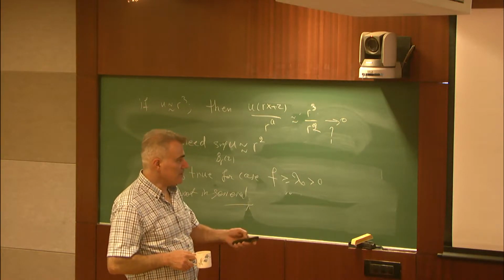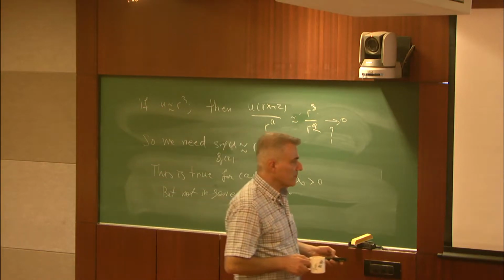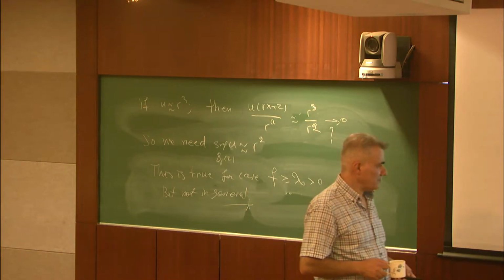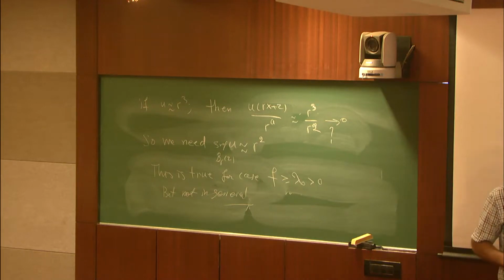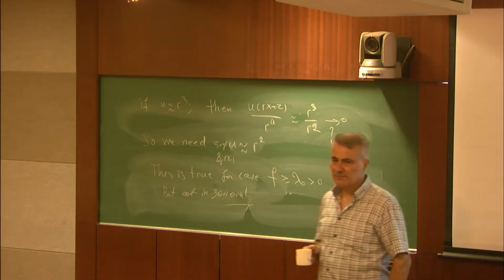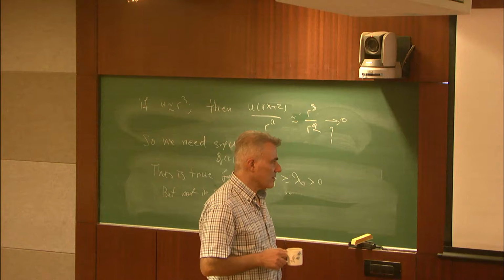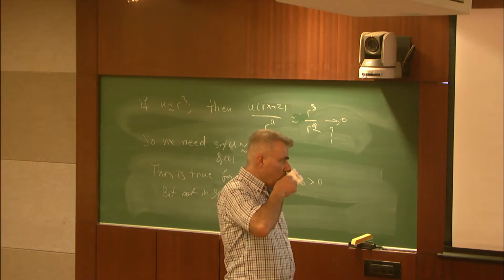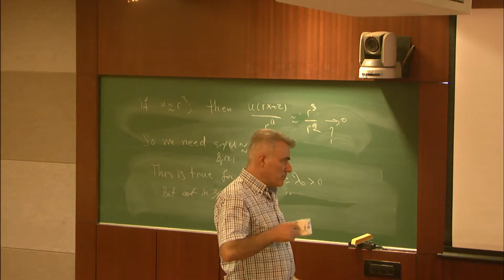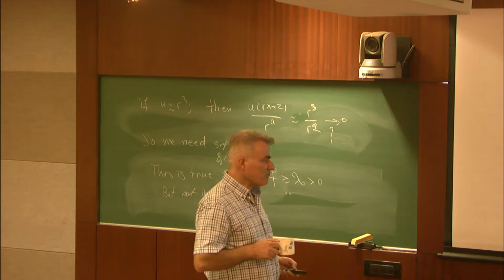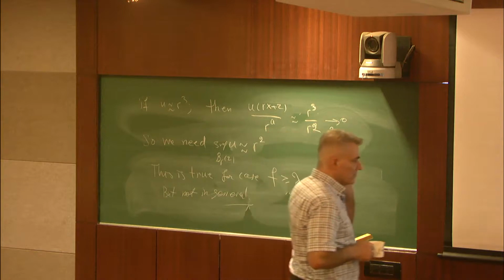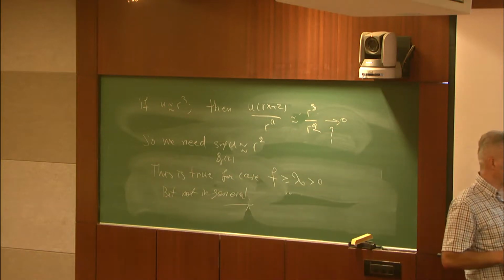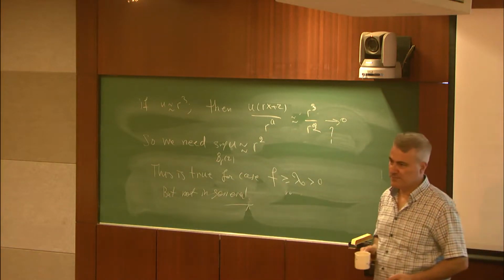So now I'm repeating, I give you a little bit of time to read the slide. So here, this was the assumption we had. That's very important. So I'm saying I have to go with R² and not faster or better.